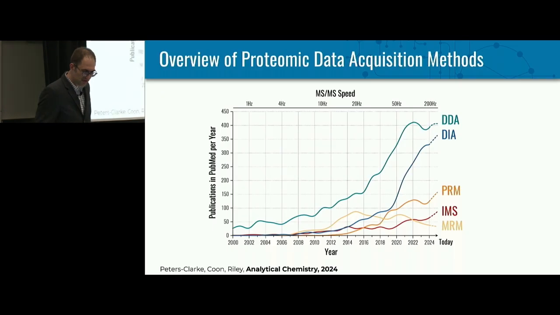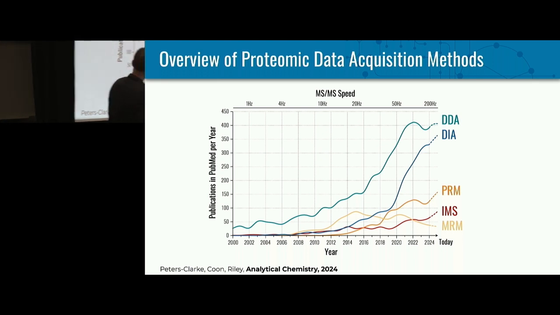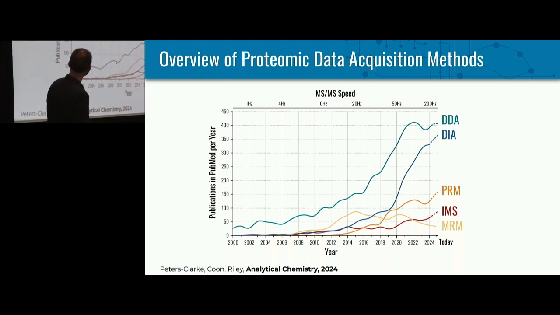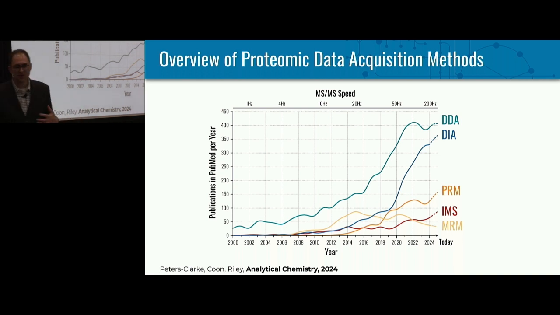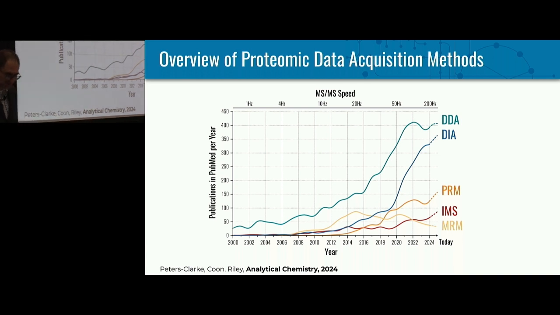All right, so this is a fun slide that looks at the prevalence of publications of different data collection methods over the years, and you can see that data dependent has been around for a long time. It's how I learned to do proteomics, and maybe many of you. And you can still see it's the most predominantly used method, but not by much.